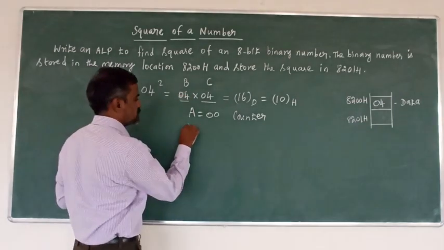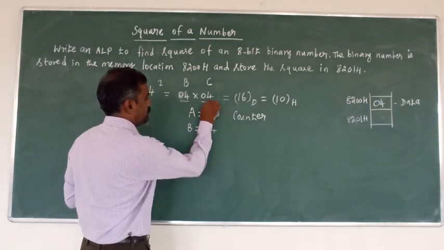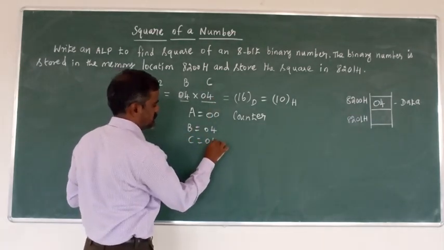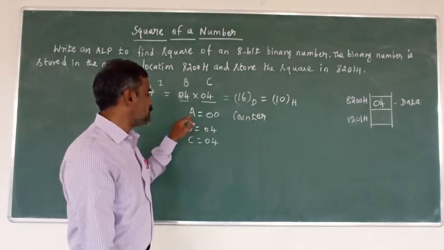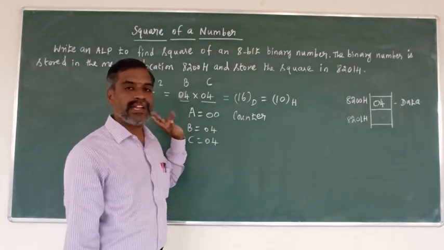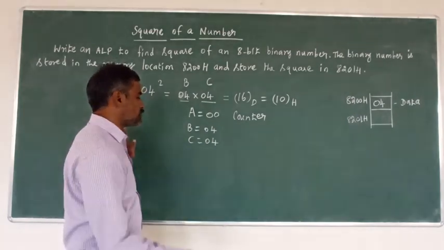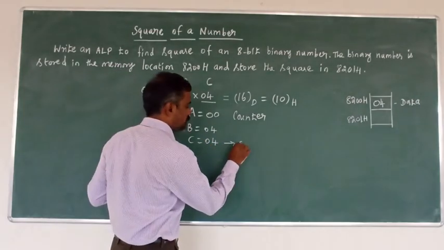Here the B register is 04 and the C register is also 04. We clear the accumulator content to 00, and now fix the C register as the counter.